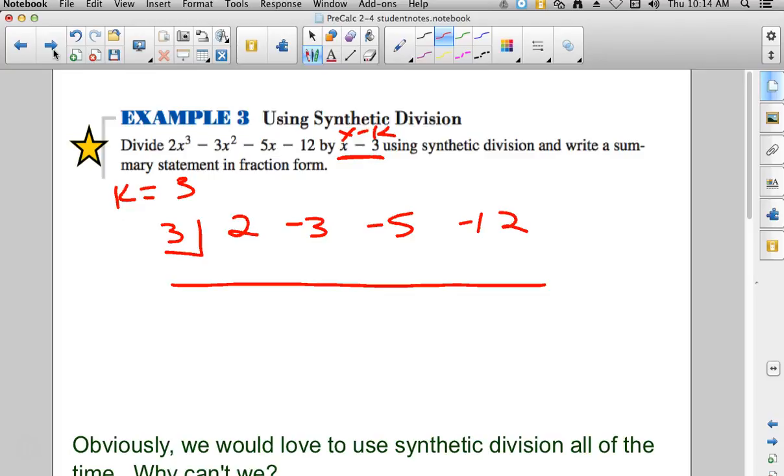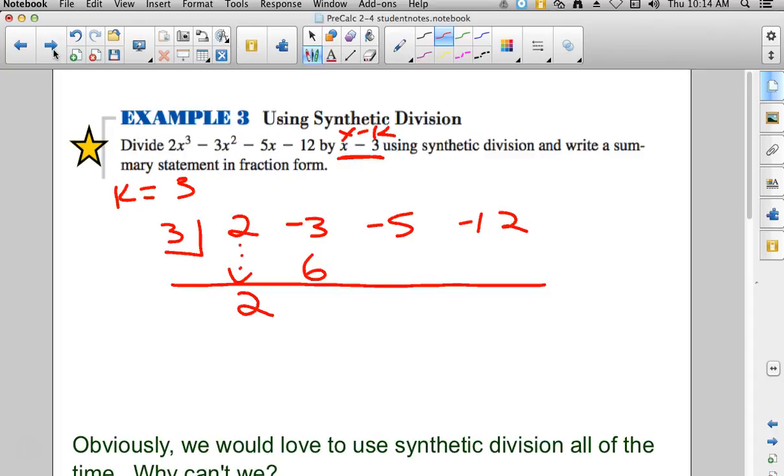And synthetic works this way. Inside the box, add. Outside the box, multiply by k. We start with that leading coefficient. It gets its name for a reason. It's the leading term. We are outside the box. We multiply by k. 3 times 2 is 6.